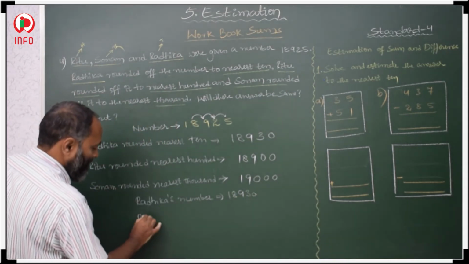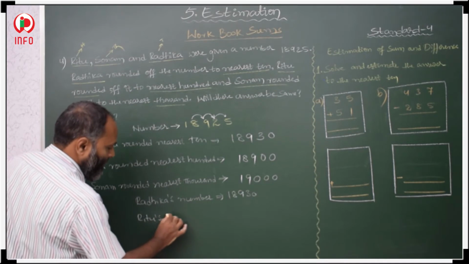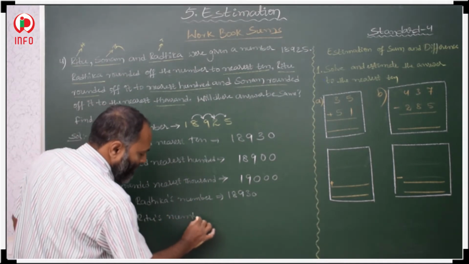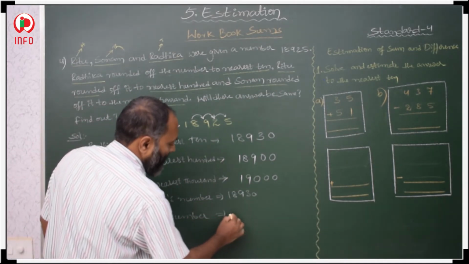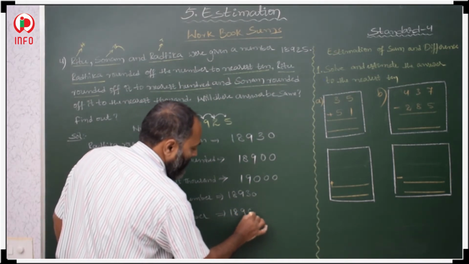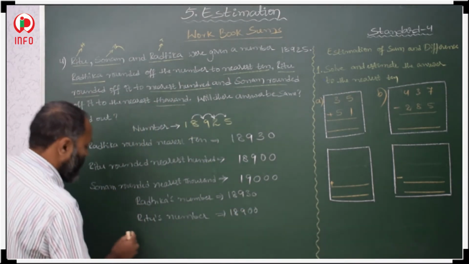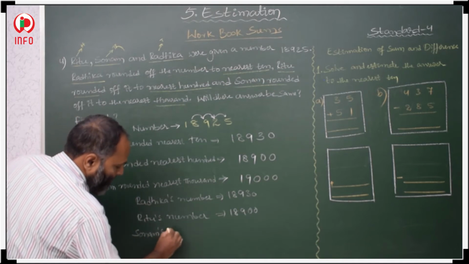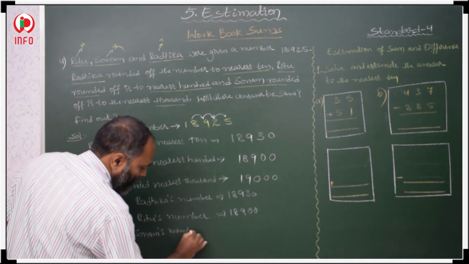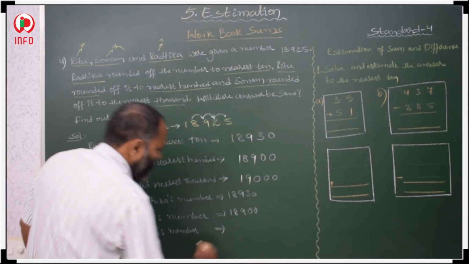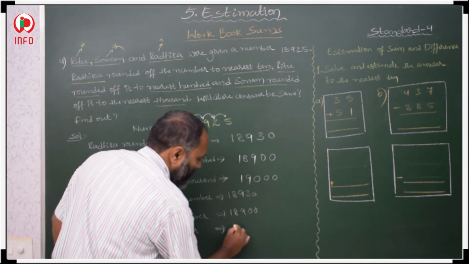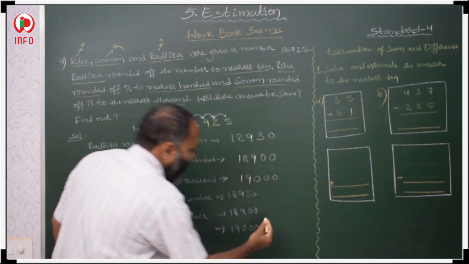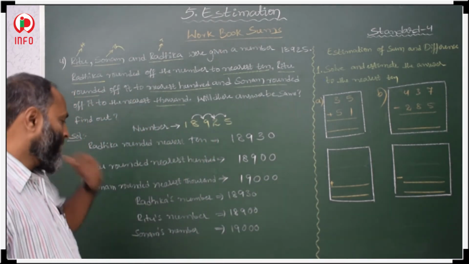Ritu's number is 18,900. And Sonam's number is 19,000. So these are the three different numbers.